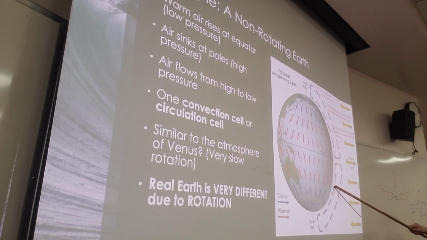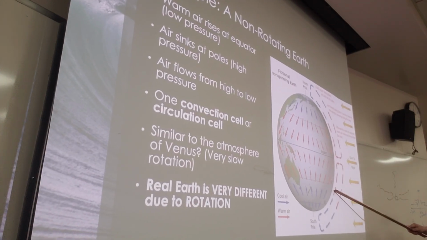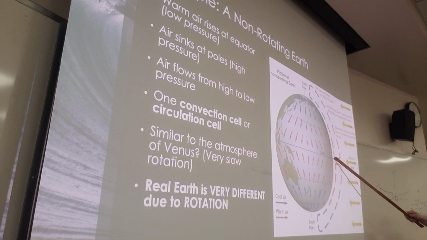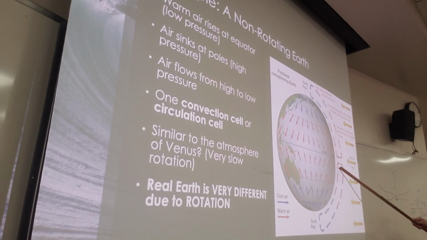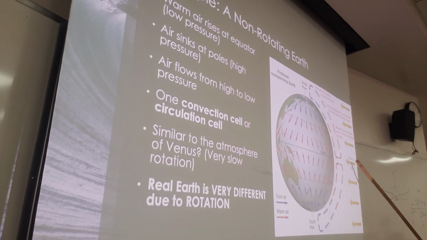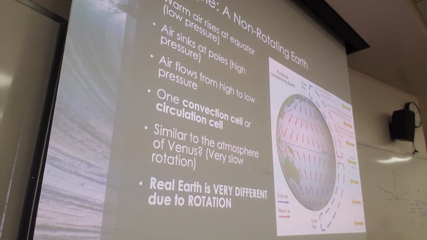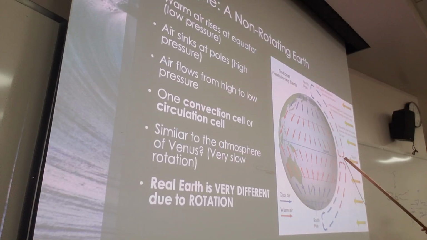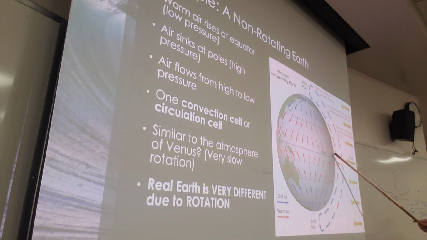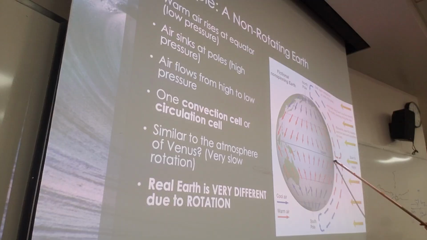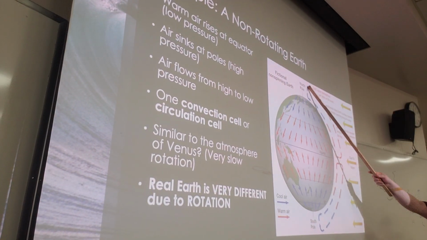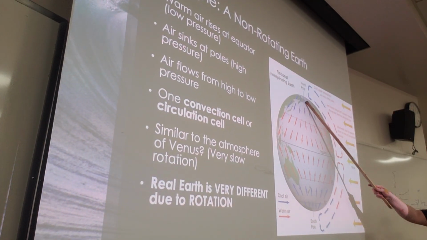It meets another wind that's coming in from the southern hemisphere. And then that warm air rises at the equator. And then just like our simple experimental model, you create a convective circulation. And so you have rising air where you have the warmest part of the surface, and it goes all the way to the poles, and then sinks down where you have the coldest part of the circulation.